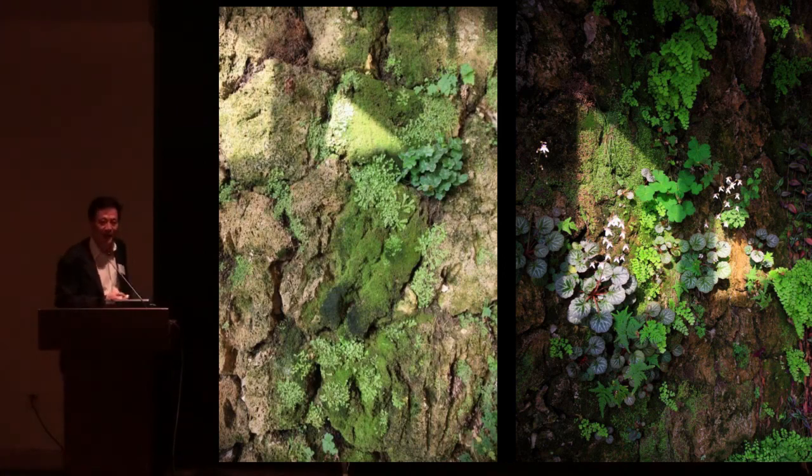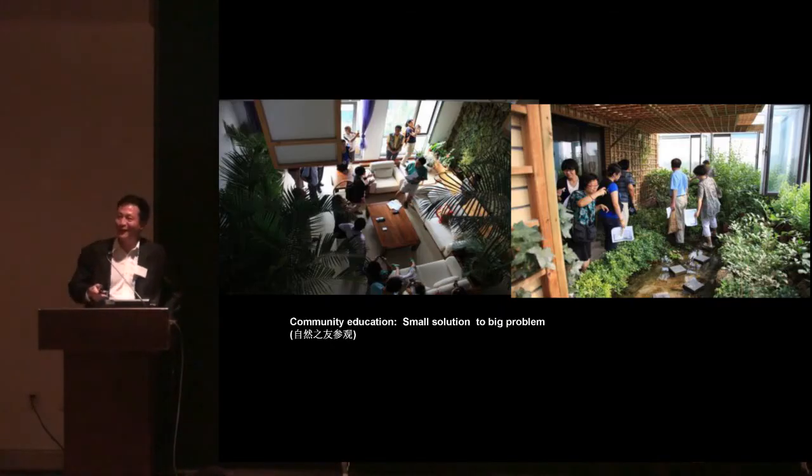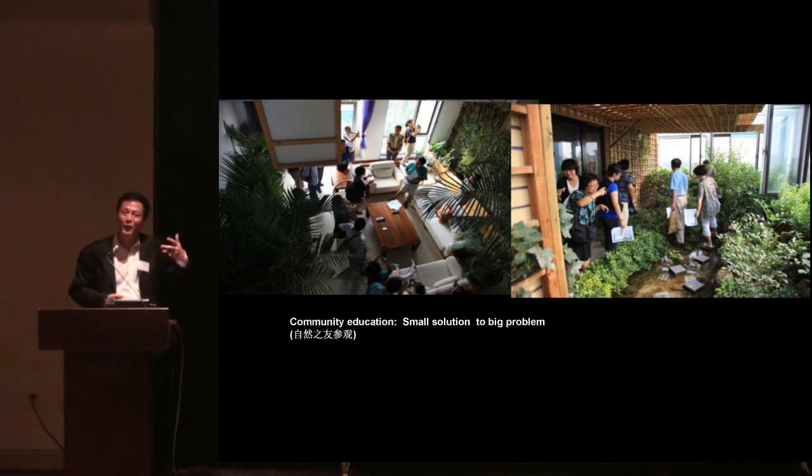It's evolving. It's nature. A biophilic city appears, biophilic houses. Now it has become an education center, a learning center. People come here to visit, to learn how you can create your own living room, green room.